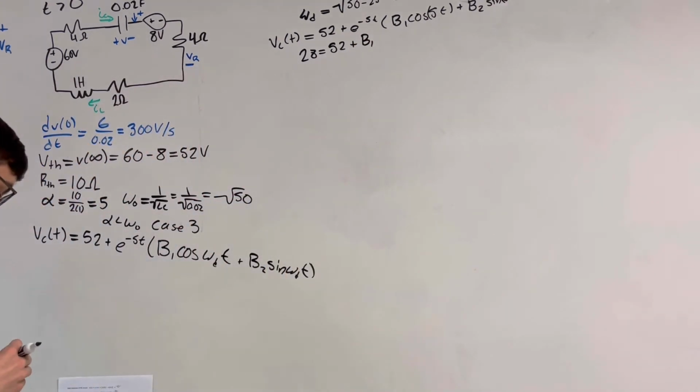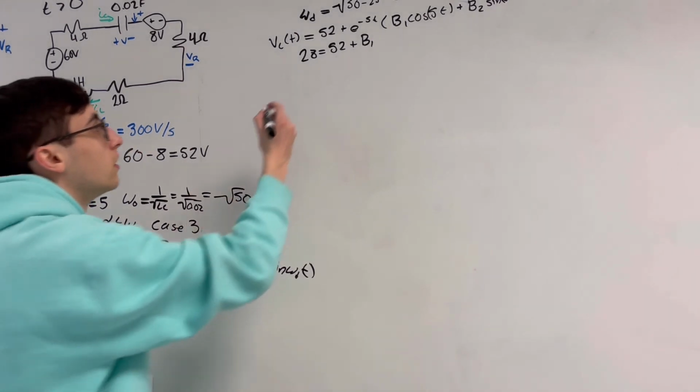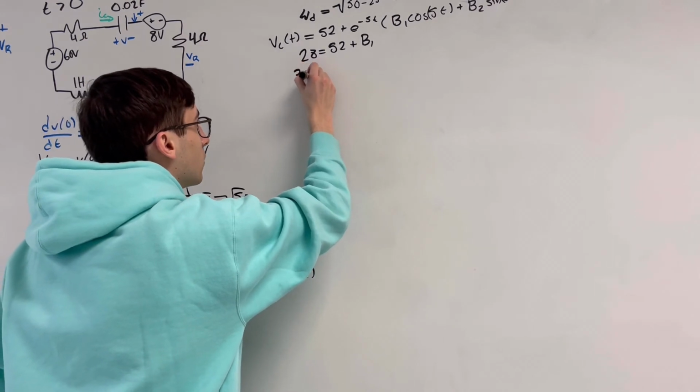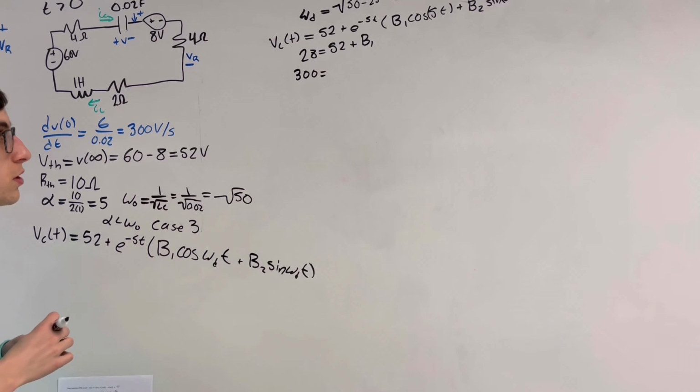Okay. And then we want to do our second part, which is dv0 over dt, which we found was 300, is going to be equal to negative alpha b1.